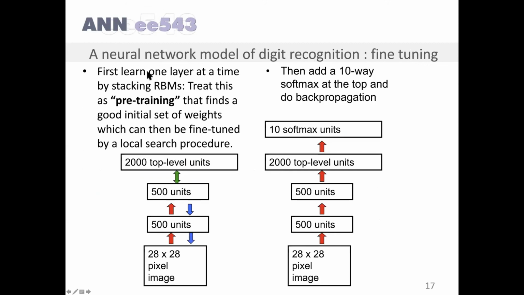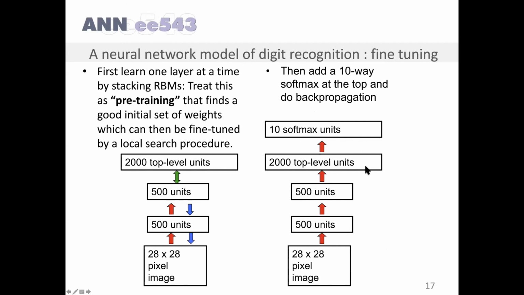Fine-tuning can be applied to the deep Boltzmann machine: first learn one layer at a time by stacking restricted Boltzmann machines. Treat this as pre-training that finds a good initial set of weights which can be fine-tuned by a local search procedure. We don't have labels, but the stacked restricted Boltzmann machines are trained, and after that add a 10-way softmax at the top and do backpropagation.